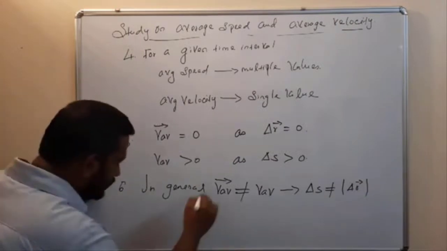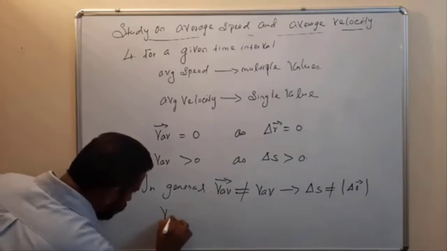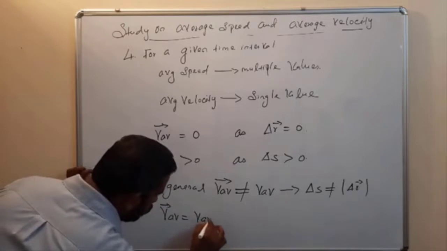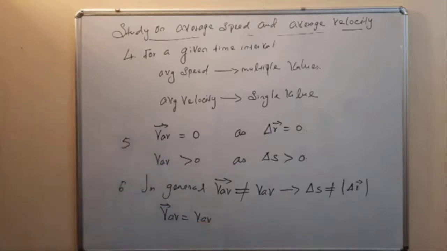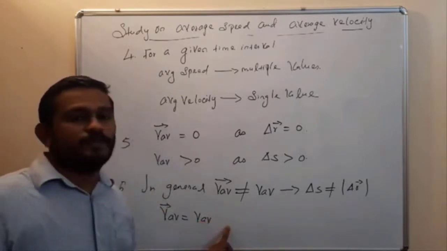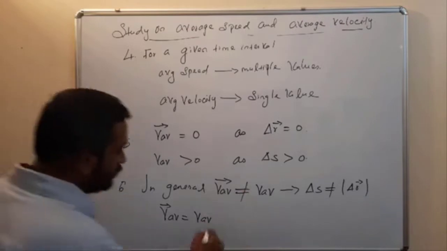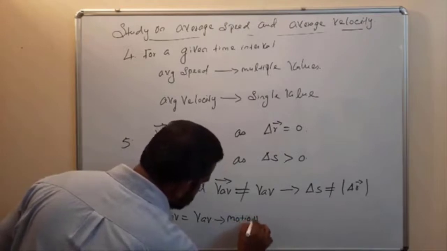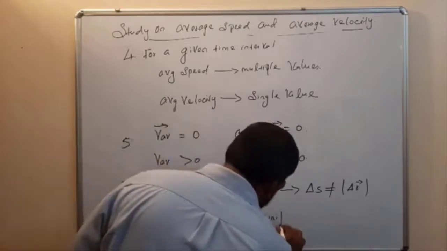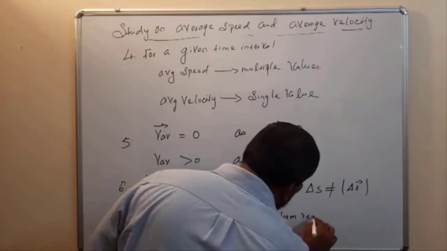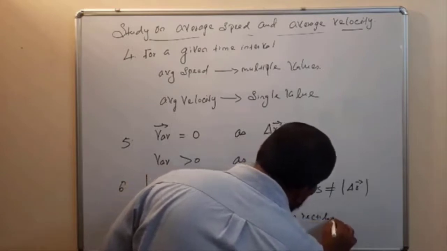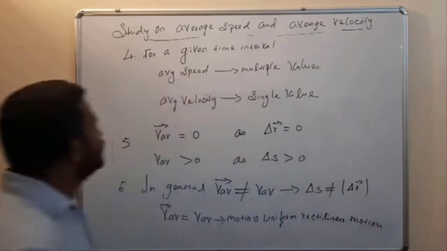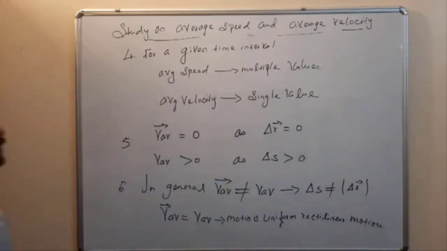But sometimes average velocity is equal to average speed, when the motion is uniform rectilinear motion. Okay, rectilinear motion. Clear these points?